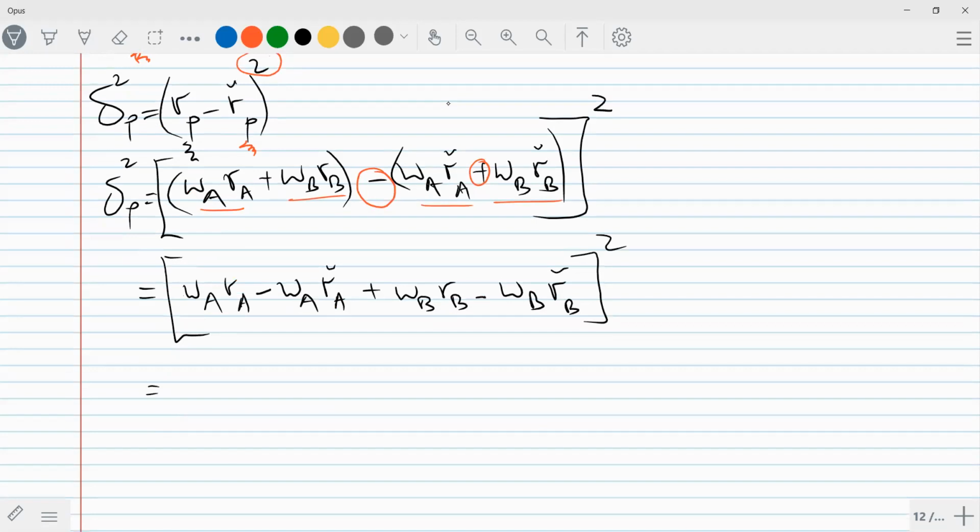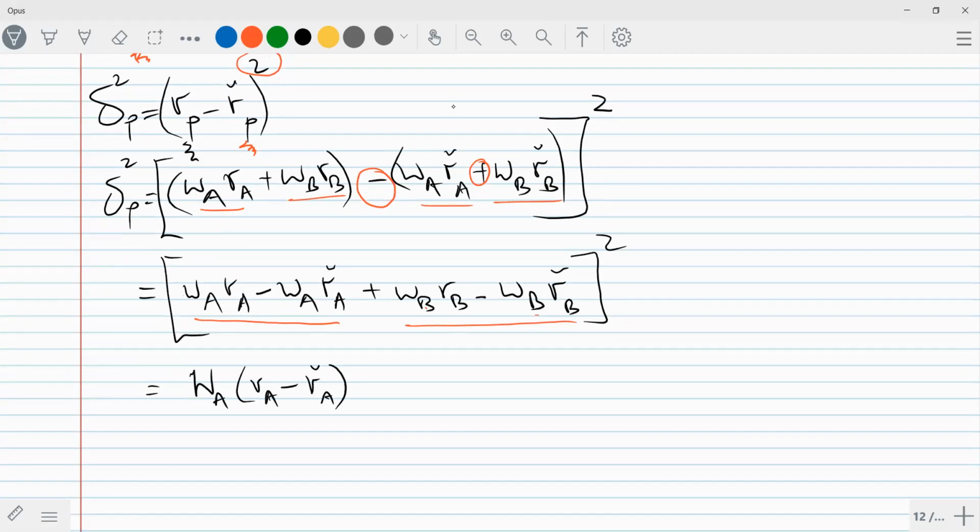Here we have asset A, now this for asset A, this for asset B. Here you have weight of asset A, weight of asset B. So I can go ahead and say my equation will be weight of asset A, return of asset A minus mean return of asset A. Hope it's clear.